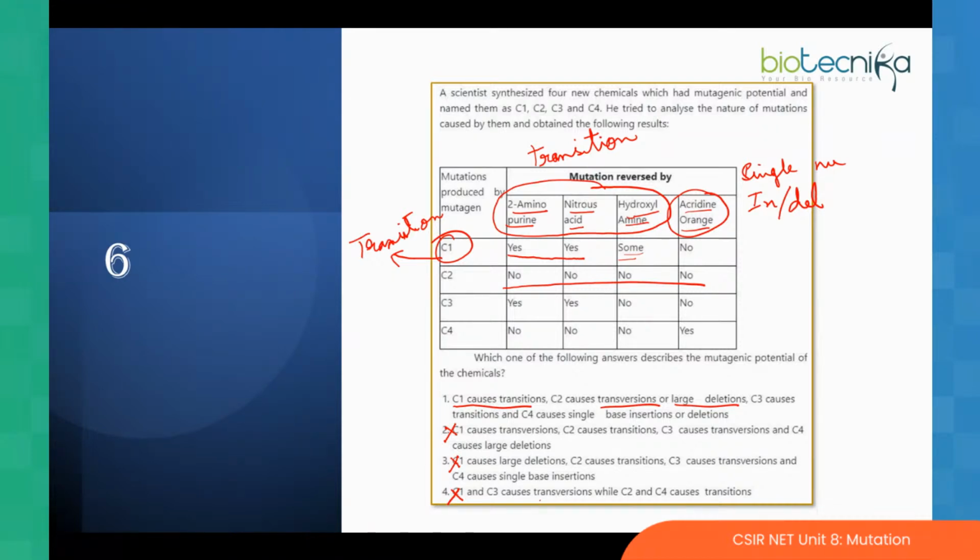If it is a large deletion, it cannot work. So this seems correct. C3 is again getting reversed by these two, which means C3 is again a transition. And C4 is getting reversed only by acridine orange, which means it has to be a single nucleotide insertion or deletion. Okay, the answer is option 1.